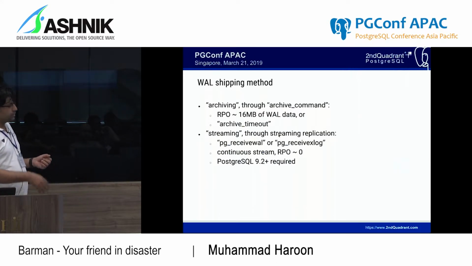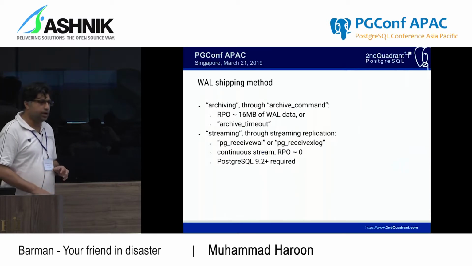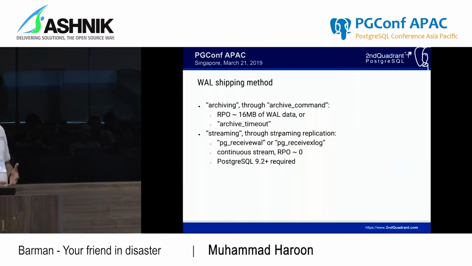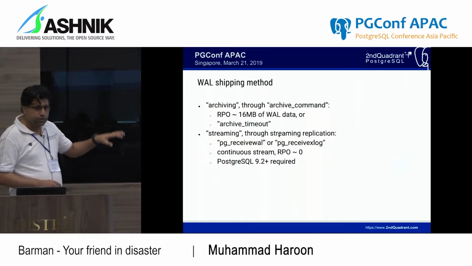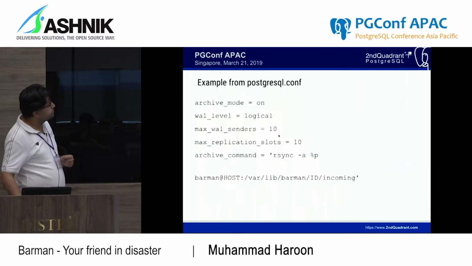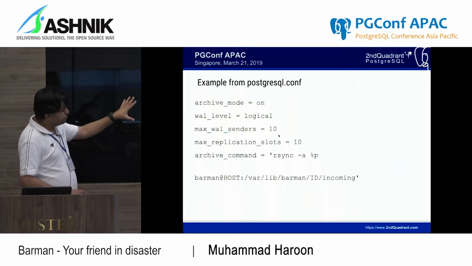So this takes us very close to the original picture that we had, where we were just hoping that nothing happens. But with this, we get into a lot better position. But for this, you need a version which is 9.2 plus to work with Barman.